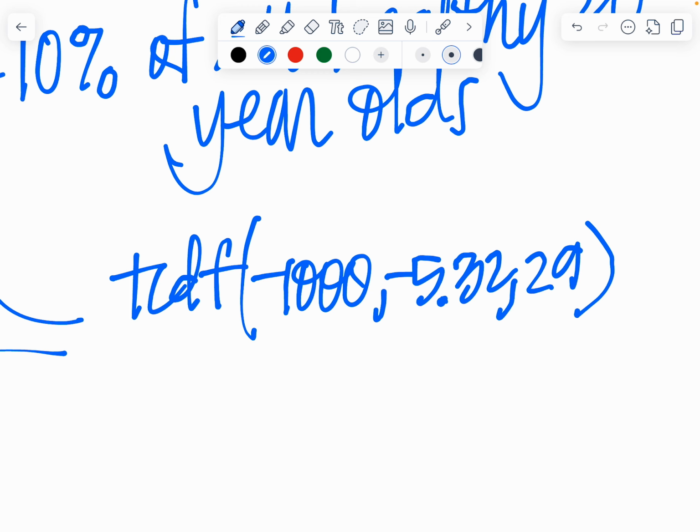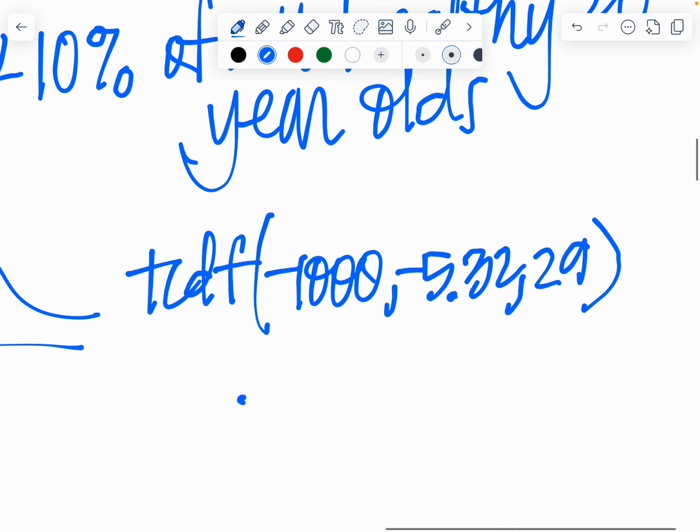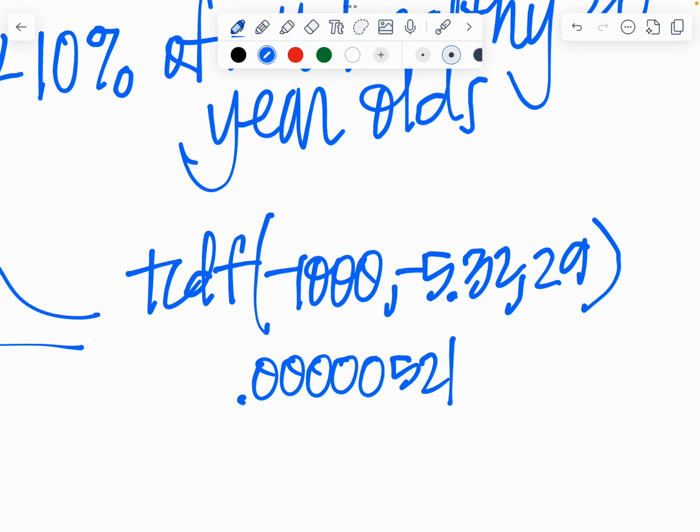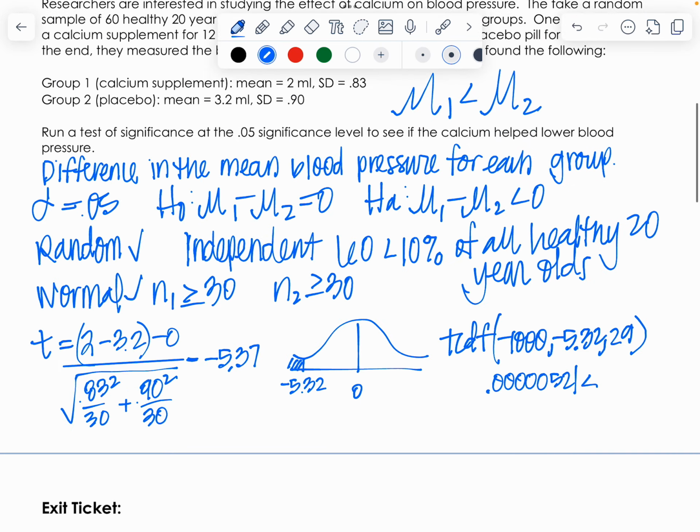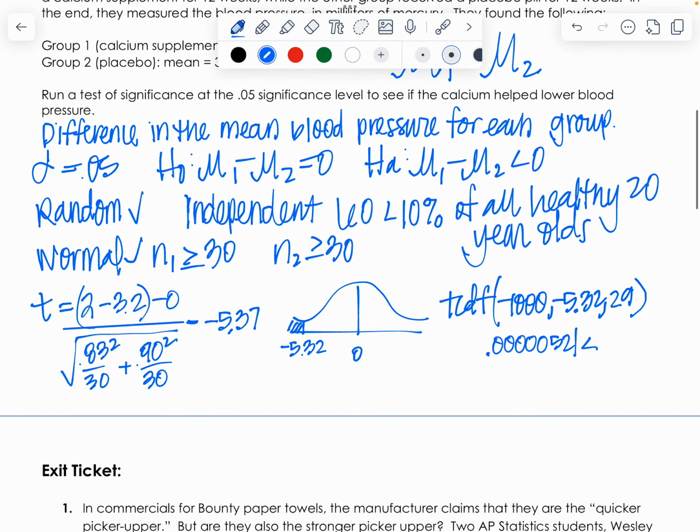Okay, so that is a tiny, tiny number, 0.00000. I get 5.21 times 10 to the negative 6th, which is less than any level of significance we could have. In this case, it was 0.05.